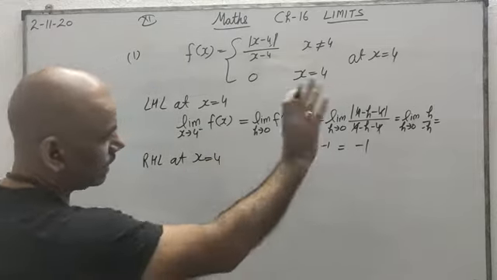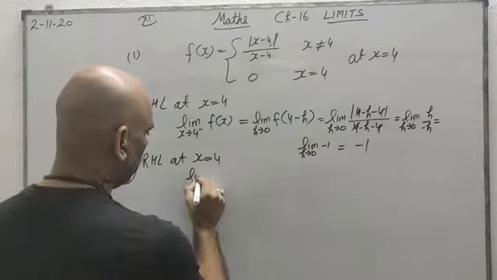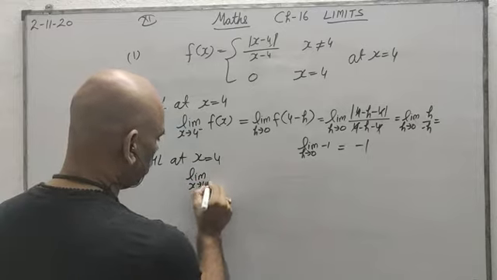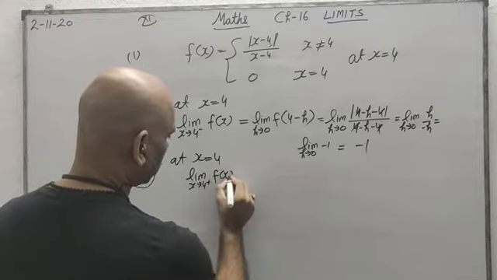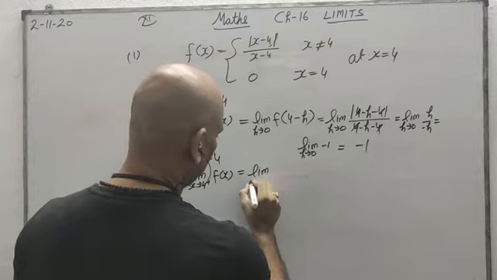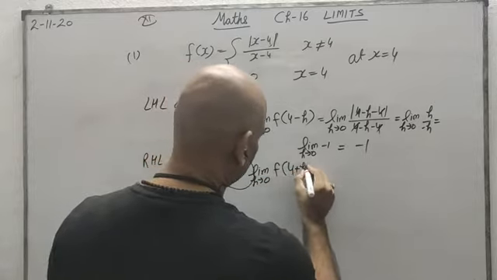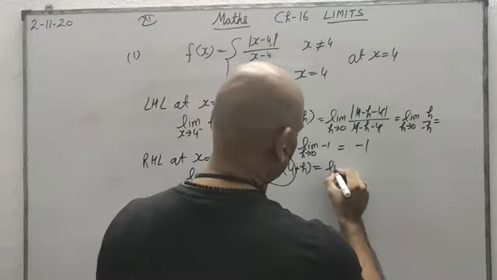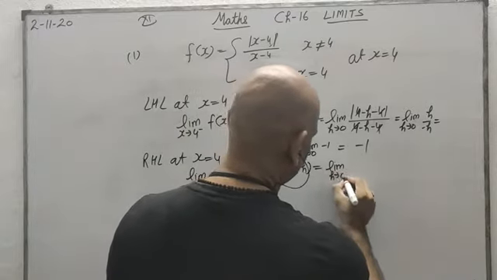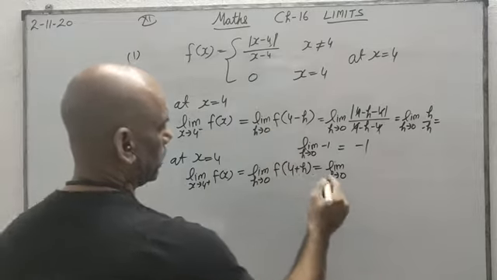He is simply asking LHL and RHL. Okay. Then limit x tends to 4 positive f(x), which will become limit h tends to 0 f(4 plus h). Now in the function substitute x as 4 plus h.